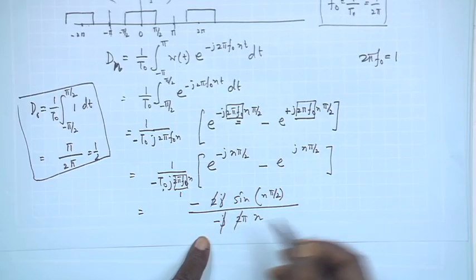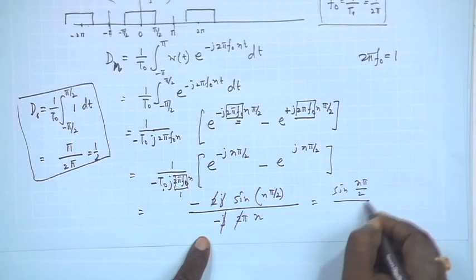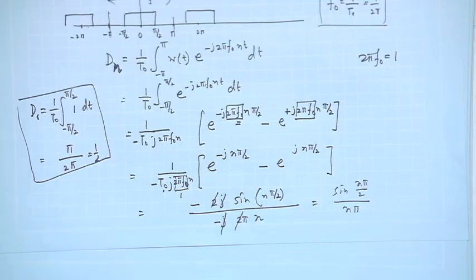So 2 gets cancelled. So you have sin n pi by 2 divided by n pi. So this is our answer, right.